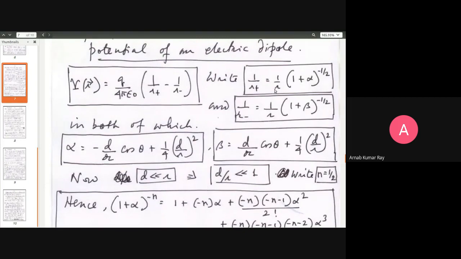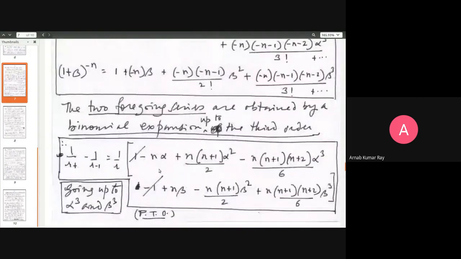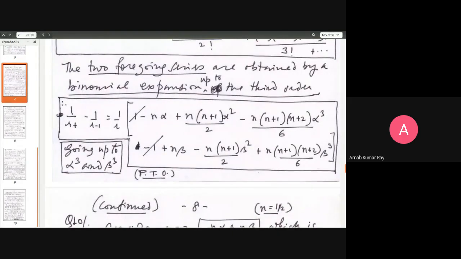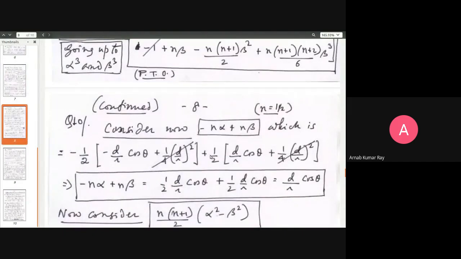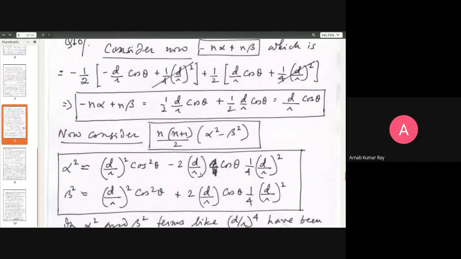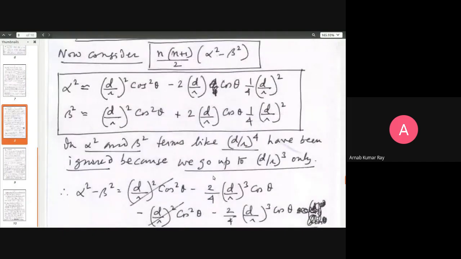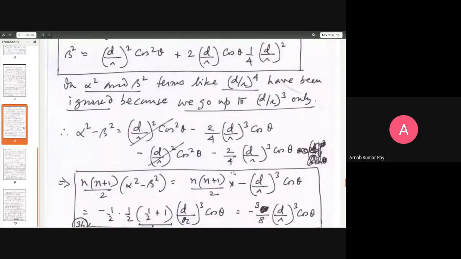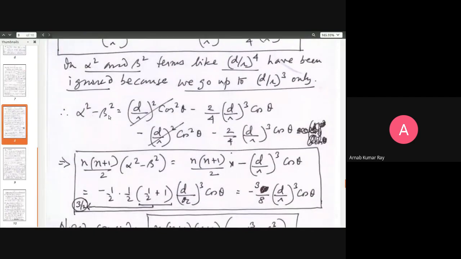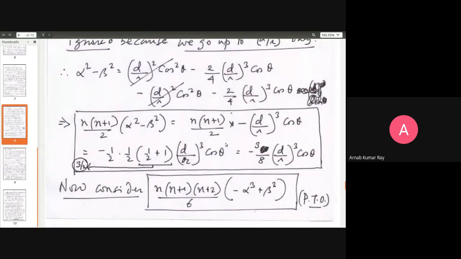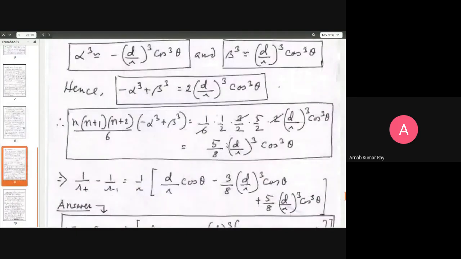When you take the difference, all the even orders will cancel. You can see the minuses have cancelled, and in the quadratic order, alpha squared and beta squared also cancel. So finally, the quadratic orders cancel out, and you'll be left with just the odd order terms.